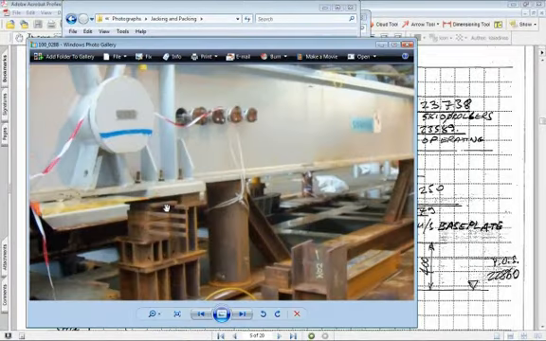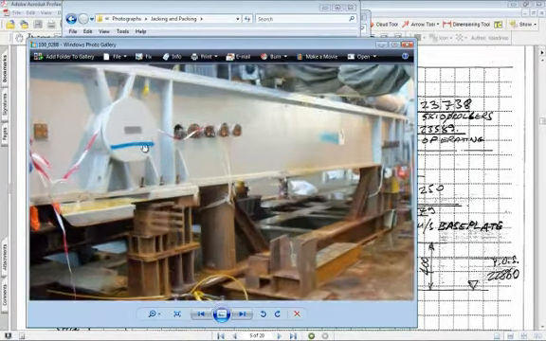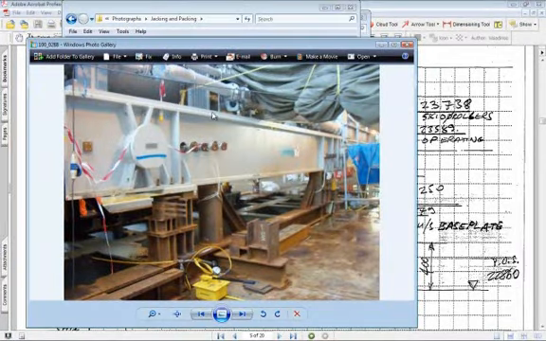On this project, this is a compressor and these are the skid beams of the compressor.